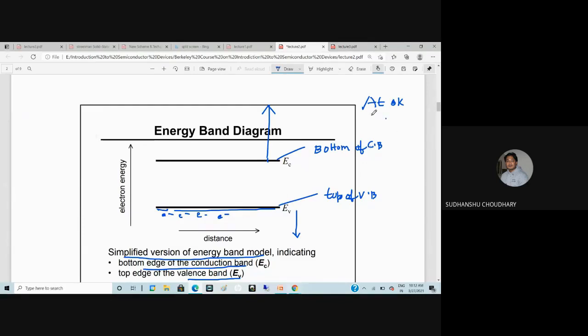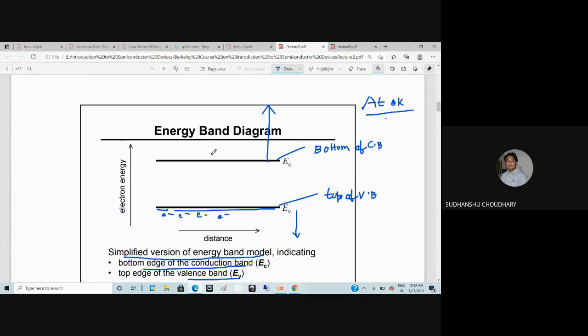So at 0 Kelvin, an intrinsic semiconductor, that is a pure semiconductor, is highly resistive. You apply bias, nothing will happen. No current will form, because the valence band is full. Electrons cannot conduct in the valence band, because to conduct they need some space. To move the electrons in the valence band, you need some space. That is, if some electrons are missing, then only can the electrons move.